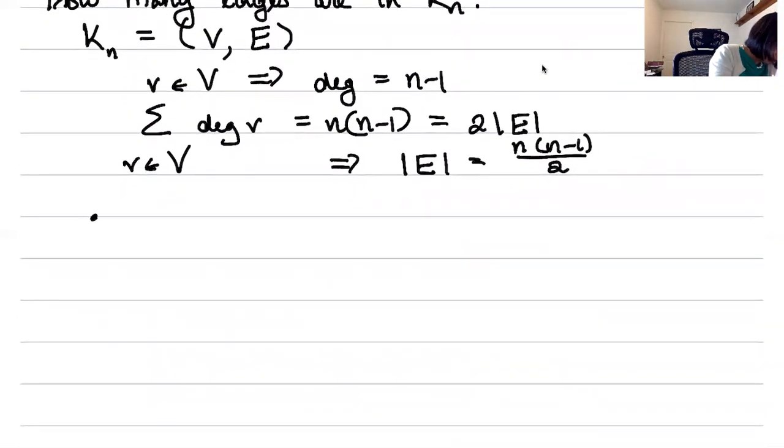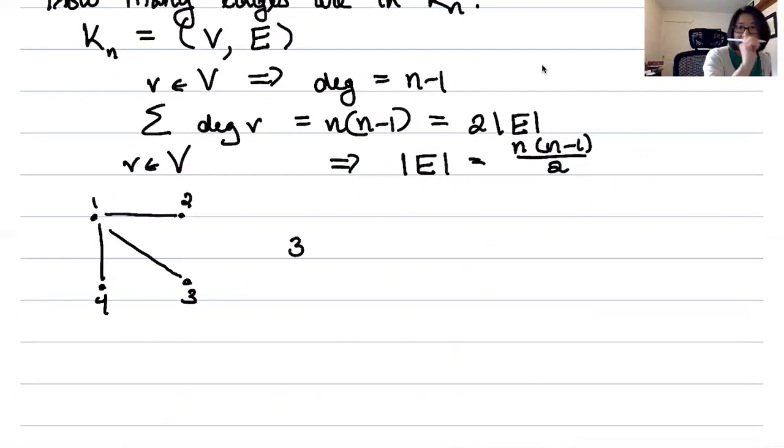So here's vertex 1, 2, 3, 4. If I want to draw in my edges, I have to draw 3 of them if I start with the edges connected to 1.